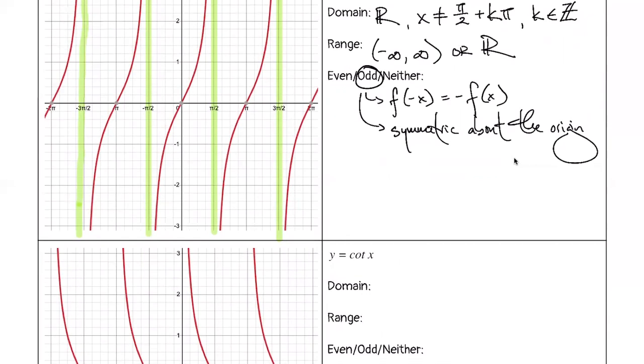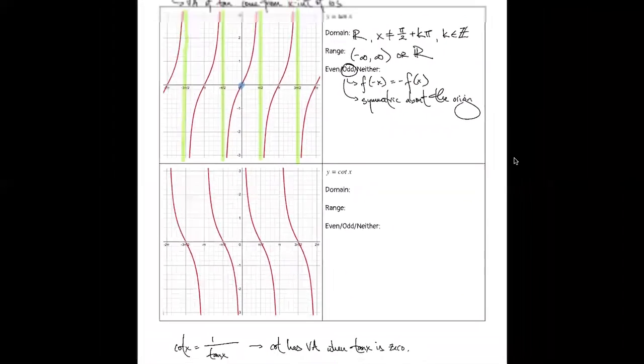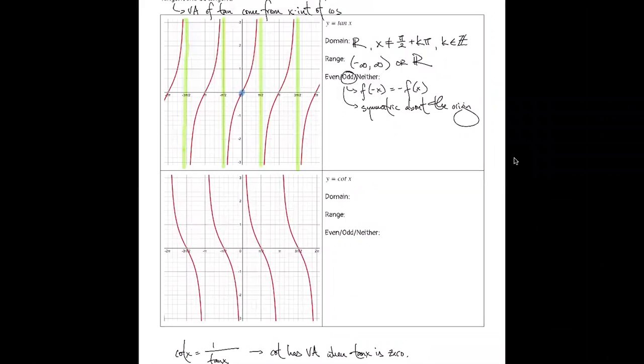So let's see if that's true and find all those zeros. So here, tangent is 0. Oops, let's put those on the same page so we can see that a little bit better. So that blue dot is where tangent is 0. Well, if we look at the graph of cotangent, sure looks like there's a vertical asymptote there, okay? And let's check out the other ones. 0, vertical asymptote. 0, vertical asymptote, okay?